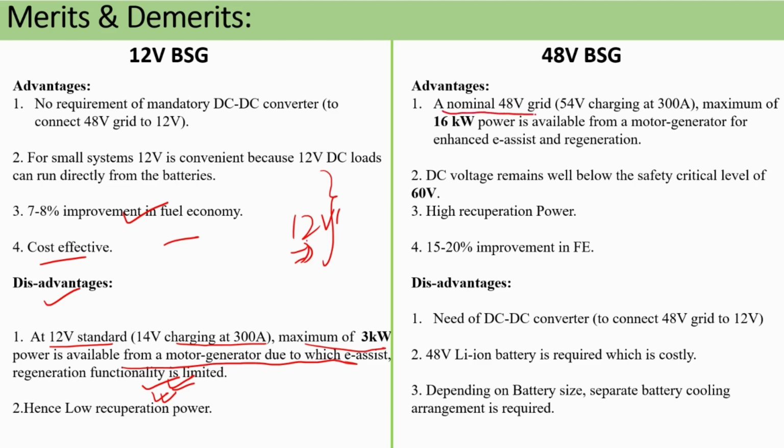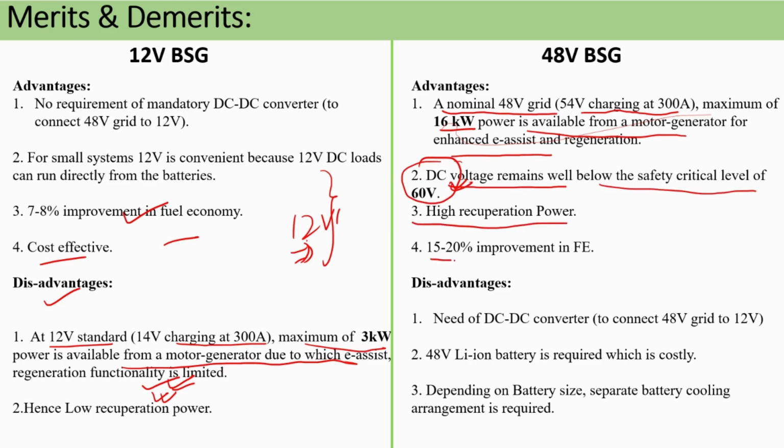Advantage: 48 volt grid, 55 volt charging at 300, a maximum of 6 to 4 kilowatt power is available from the motor generator for enhanced e-assist and regeneration. DC voltage remains below the safety critical level of 60 volt, which I have already told you is the reason we are keeping this.